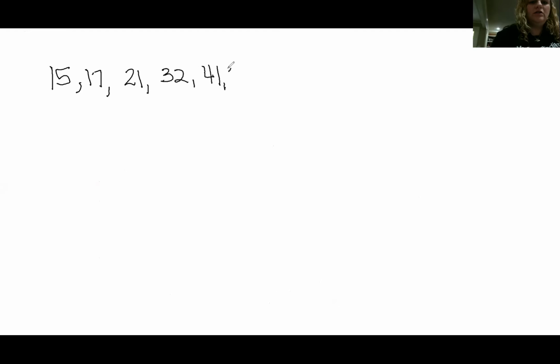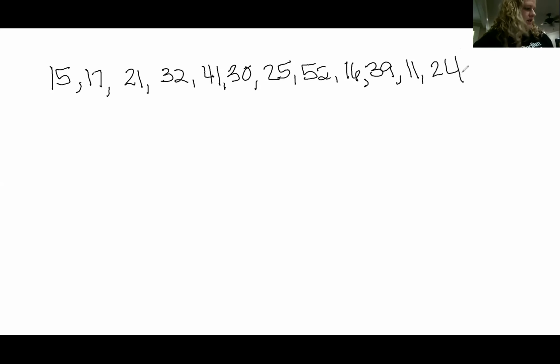So we've got people in line for a roller coaster and their ages are 15, 17, 21, 32, 41, 30, 25, 52, 16, 39, 11, and 24.